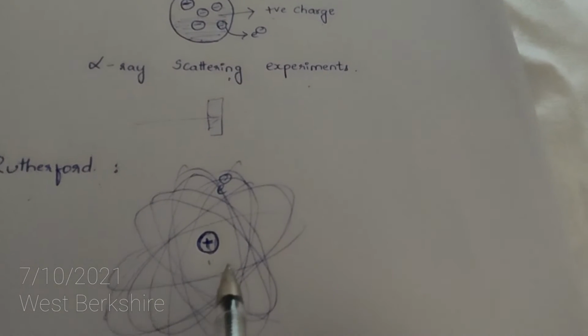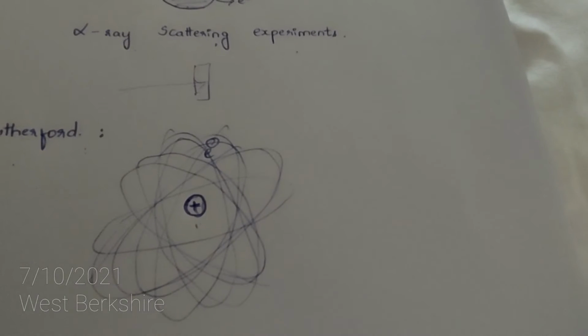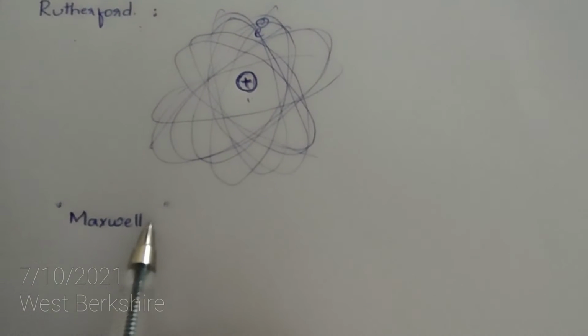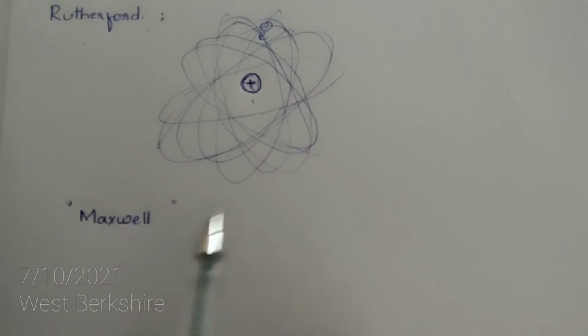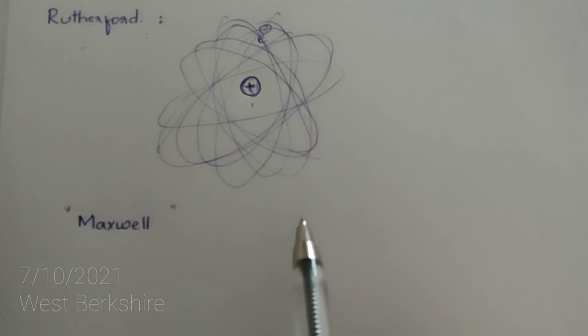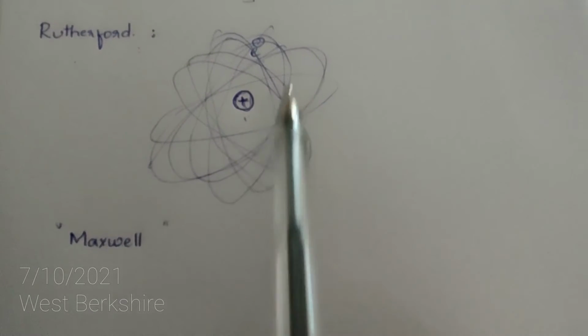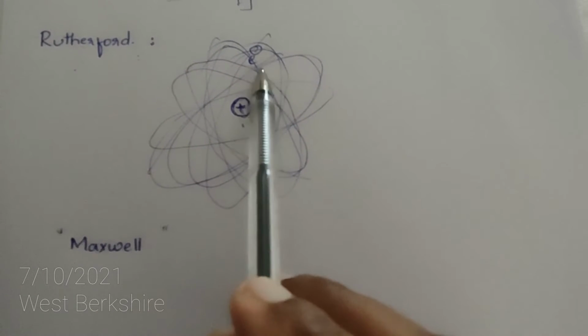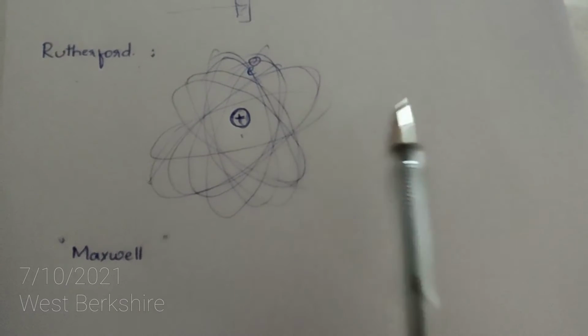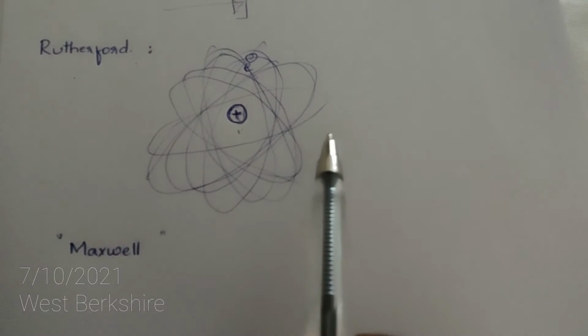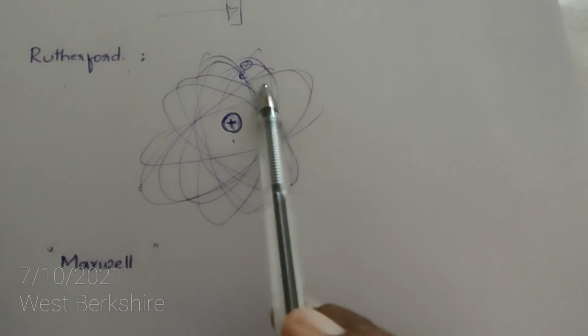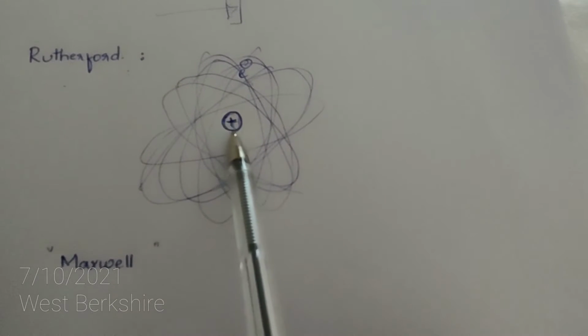But later on, Maxwell's theory stated that when a charged particle gets accelerated, that is, when the electrons are accelerated, it must emit electromagnetic radiation, lose its energy and then fall into the nucleus.